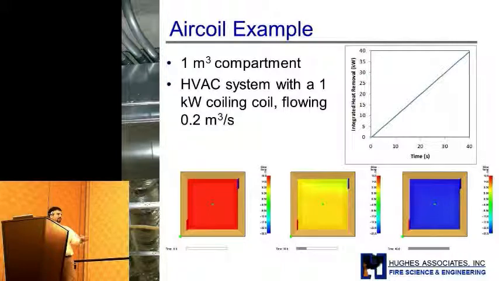We have an HVAC system, the same case, a suction in this red vent, discharge in the blue vent. We have a constant 1 kilowatt heat removal, and we see that over time we reduce the temperature in the space. If we look over a 40-second time period, we get, well, we're a fraction of a percent low, but we get something like 39.9 kilowatts of heat removal from the system, showing that we are indeed getting this 1 kilowatt removal.